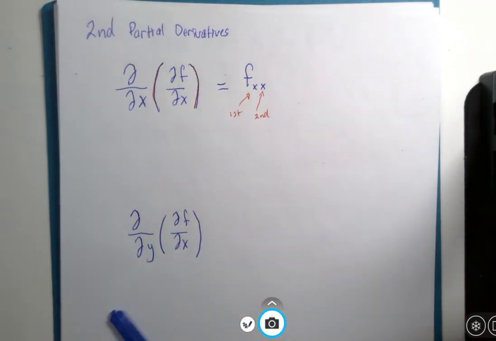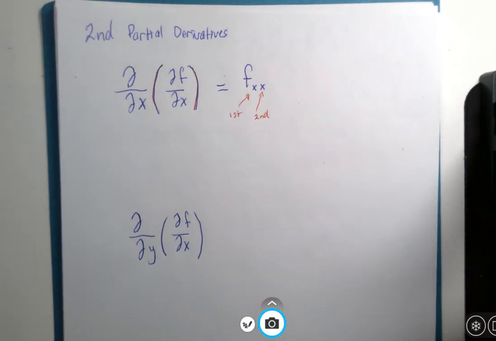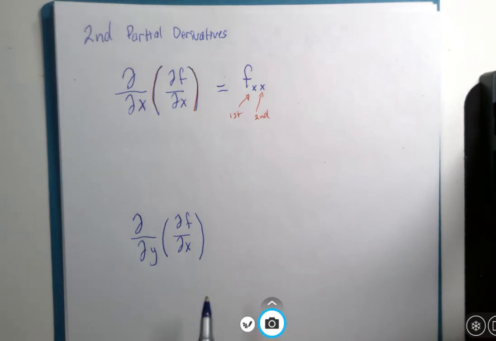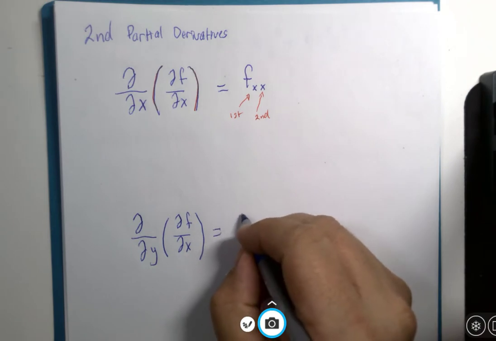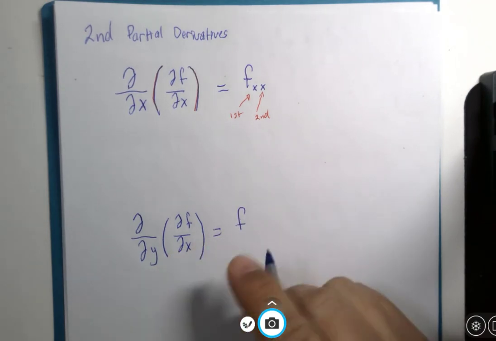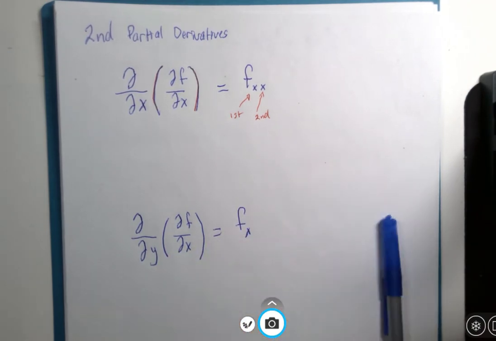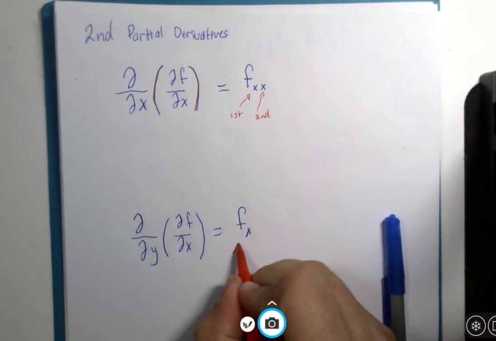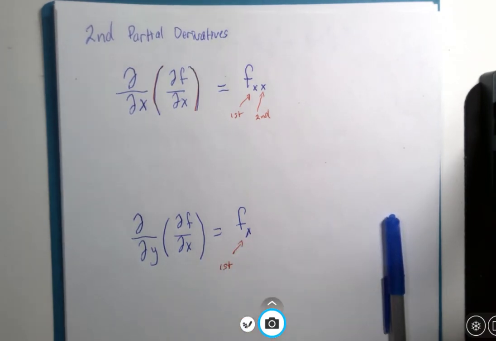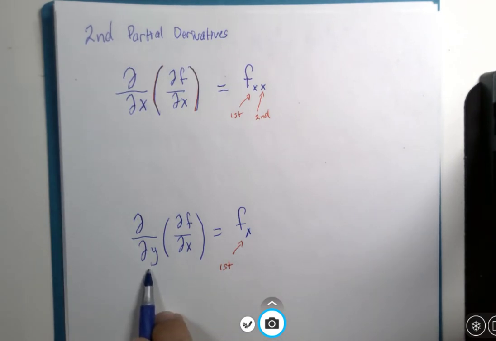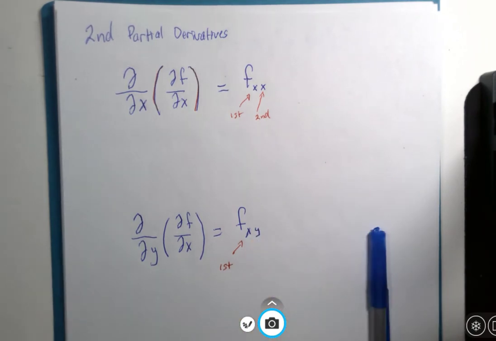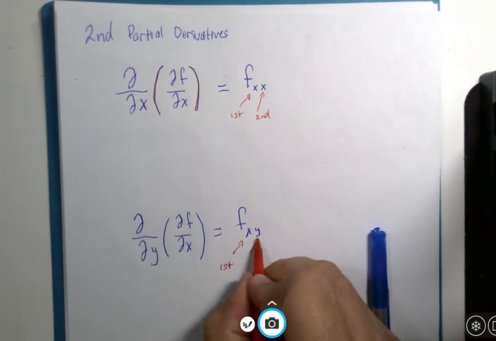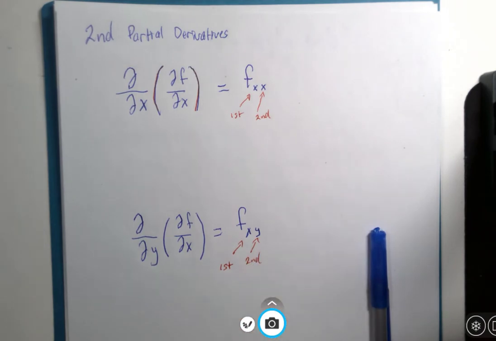And the reason that is important is you can see this second variation of the notation. I have my function f, and I'm going to take the derivative with respect to x because this is first. Then afterwards take the derivative with respect to y. So that would be what happens second.